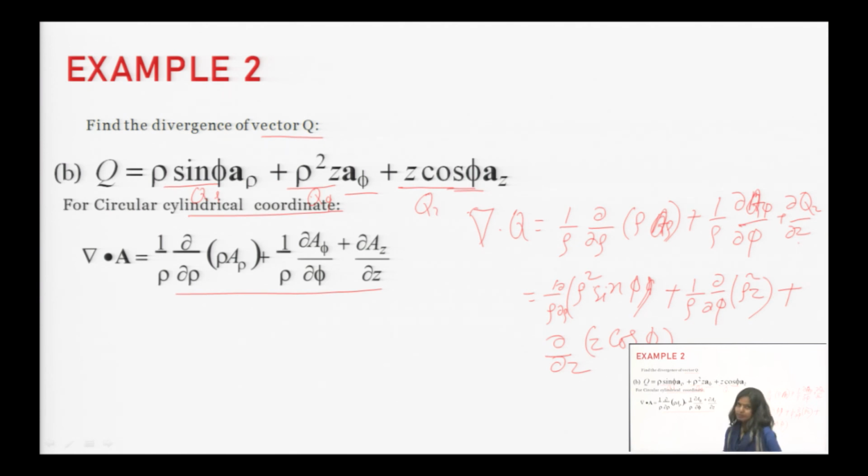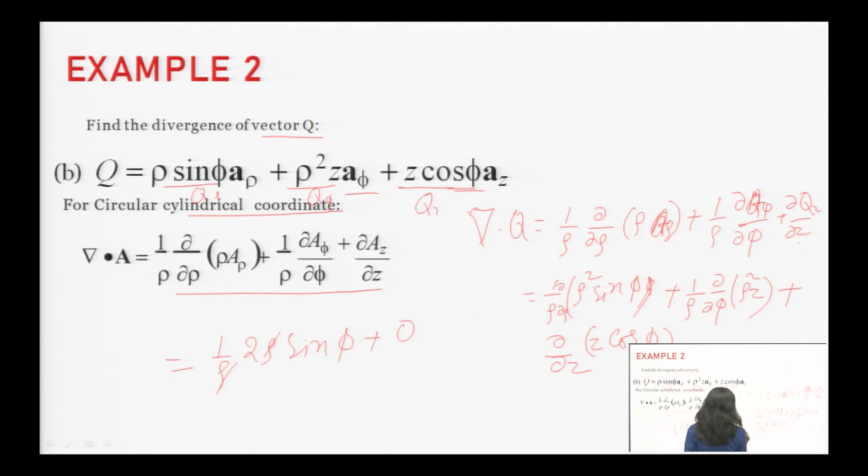Now we need to simplify this, and after simplifying it will give 1 by rho times 2 rho sin phi. Rho will cancel out, plus here as no phi term is there, the differentiation of this term will be 0, and finally 1 by rho multiplied by 0 will be 0.